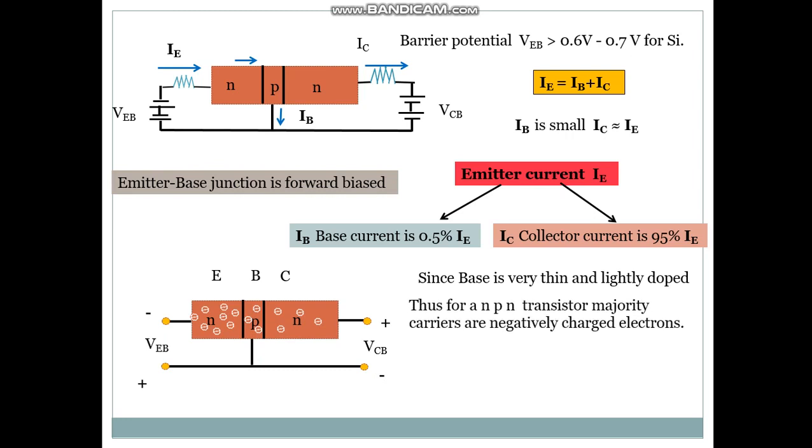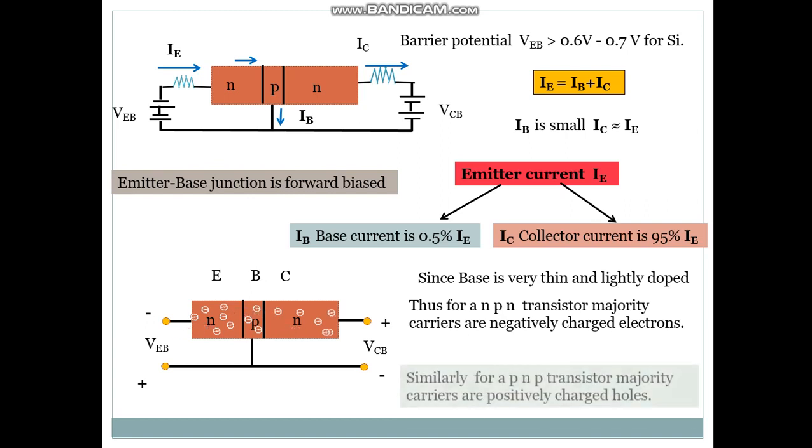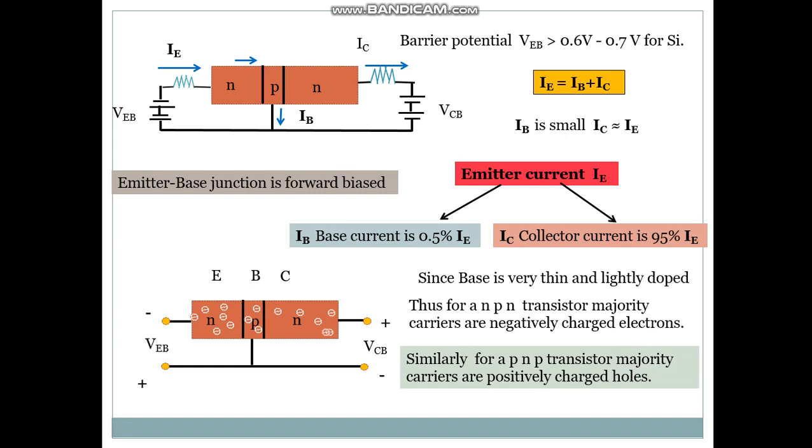Thus, for an NPN transistor, majority carriers are negatively charged electrons. Similarly, for a PNP transistor, majority carriers are positively charged holes. Transistor configurations.